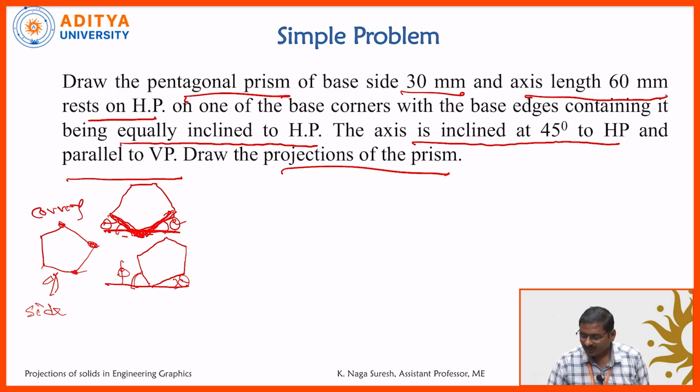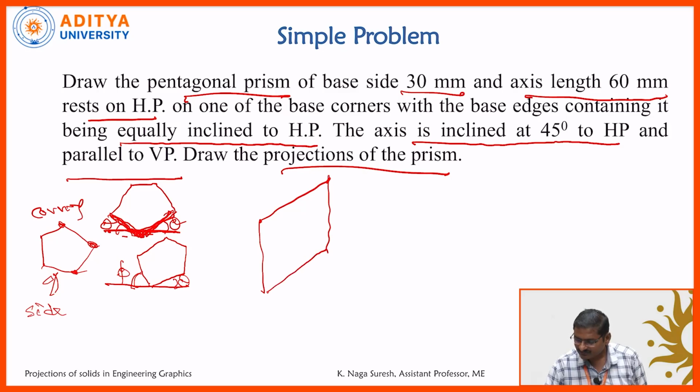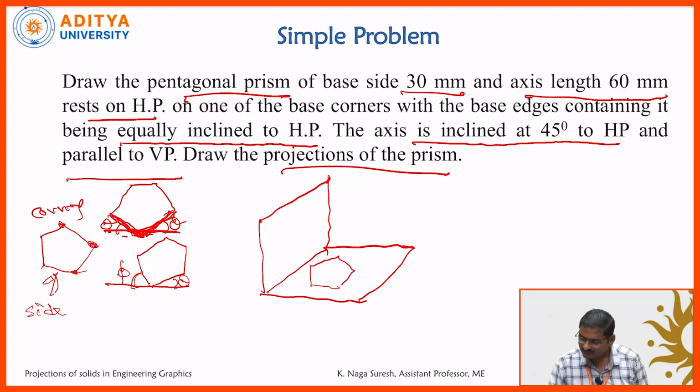Here we observe the 3D planes. In them, they are placing one pentagonal prism. This is A, B, C, D, E, and the prism will be resting like that. This is 1, 2, 3, 4, 5, 6.